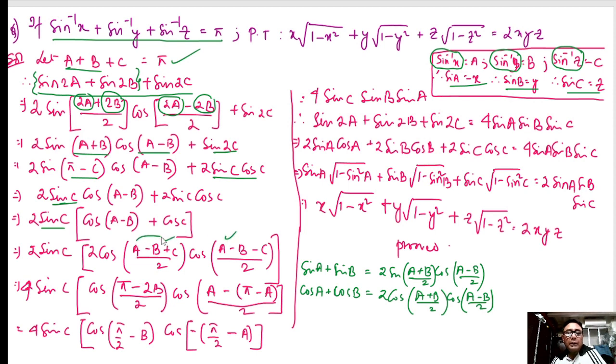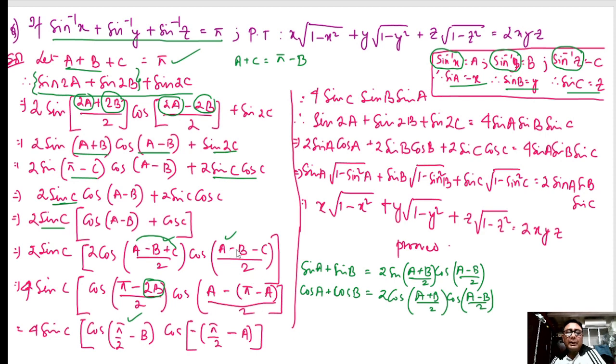Now see, a plus c is pi minus b, so (a plus c) by 2 is pi by 2 minus b by 2.